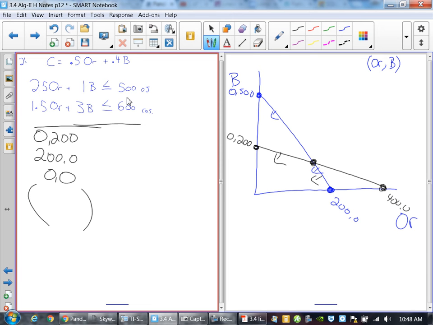Then I will take that and substitute it into the secondary equation. 1.5 orange plus 3 times 500 minus 2.5 orange is 600. 1.5 orange plus 1,500 minus 7.5 orange is 600.